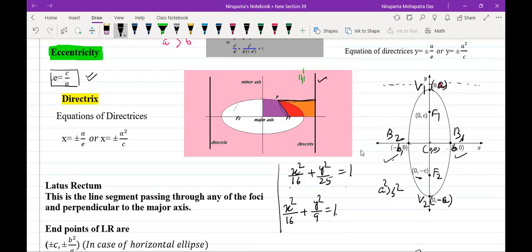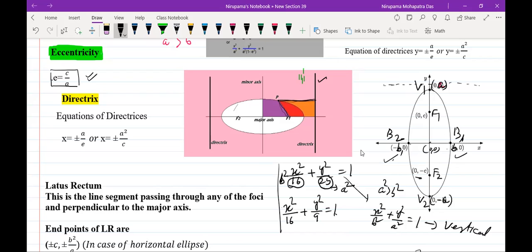So in the first case, which one will be a and which one will be b? This one is smaller, so this is your b square, and this one is your a square. It means this ellipse is x square by b square plus y square by a square equal to 1. So this will be your vertical ellipse.